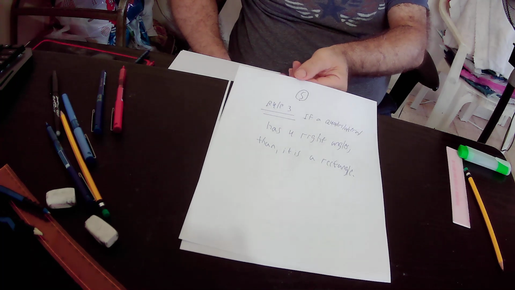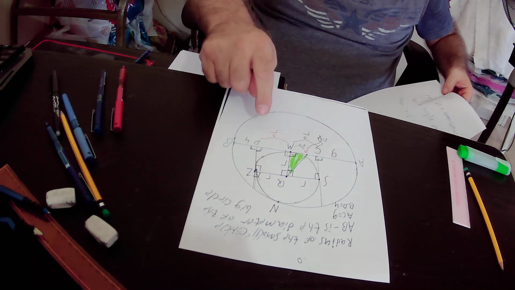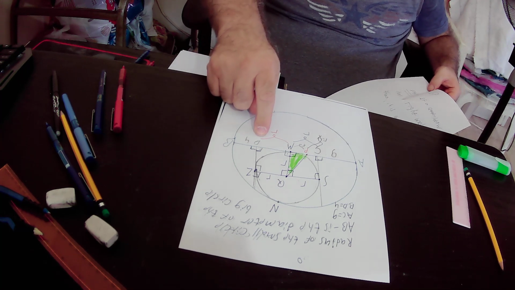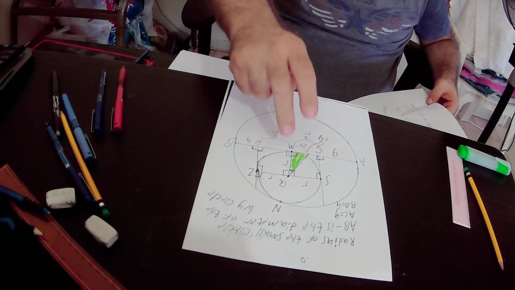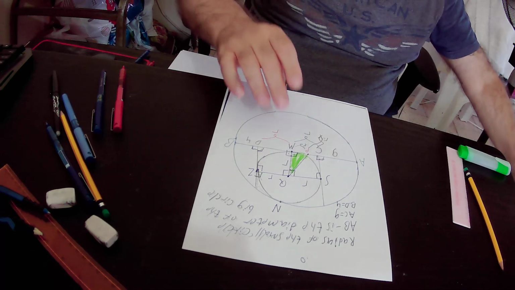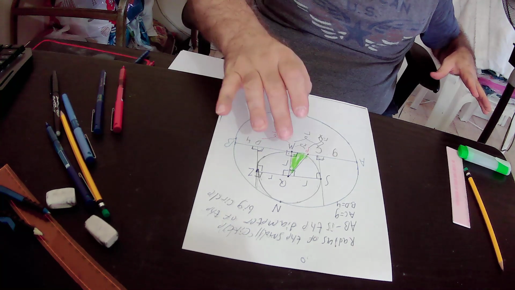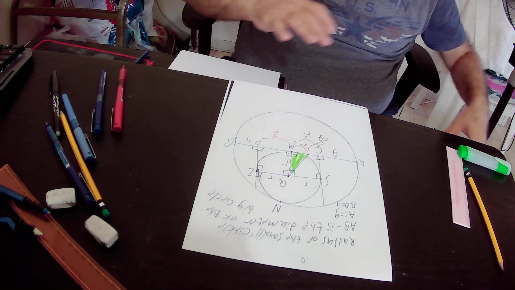According to rule number 3, quadrilateral QZMD is a rectangle because it has 4 right angles.